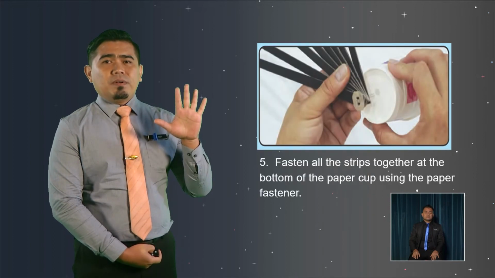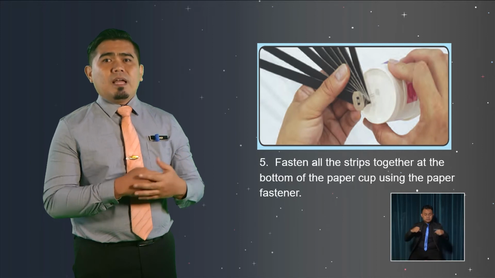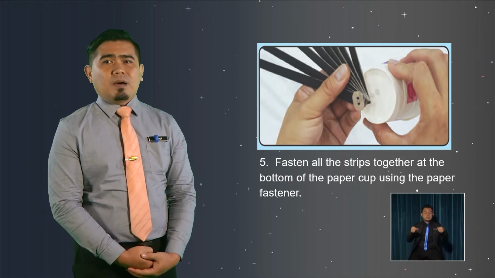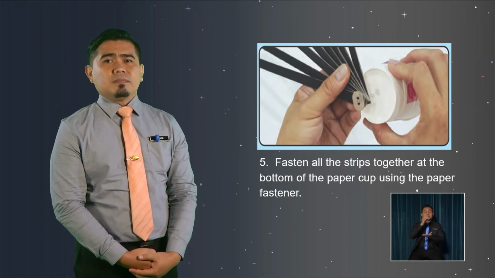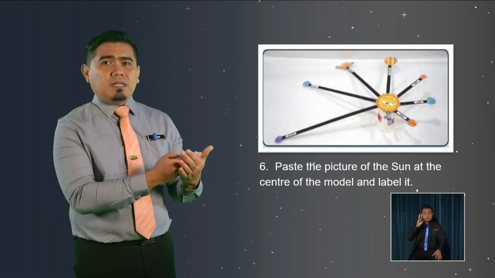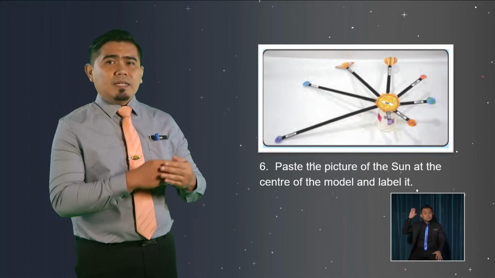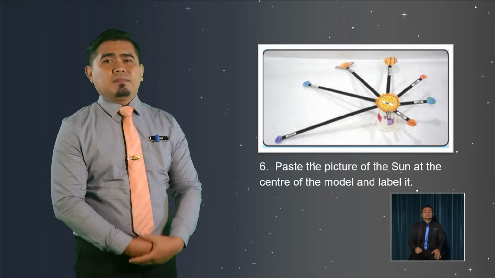Step 5. Fasten all the strips together at the bottom of the paper cup using the paper fastener. Step 6. Paste the picture of the sun at the center of the model and label it.